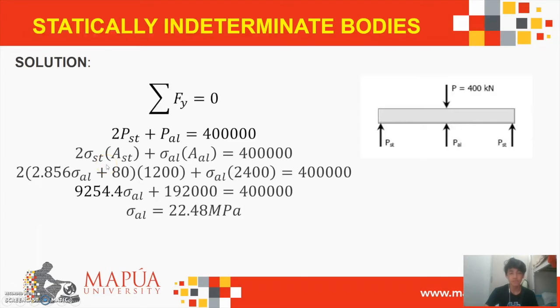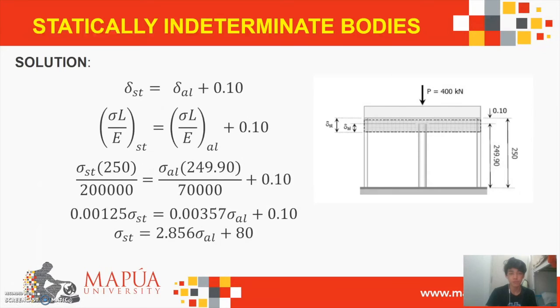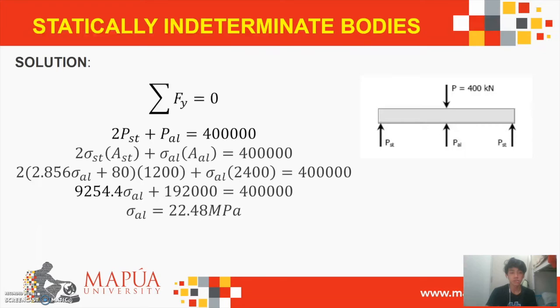We'll substitute again from the given of the problem and from the equation we got from the first part of the solution, which is actual stress of the steel. We will have 2 times the quantity of 2.856 times stress of aluminum plus 80 times 1,200 plus stress of aluminum times 2,400 equals 400,000.